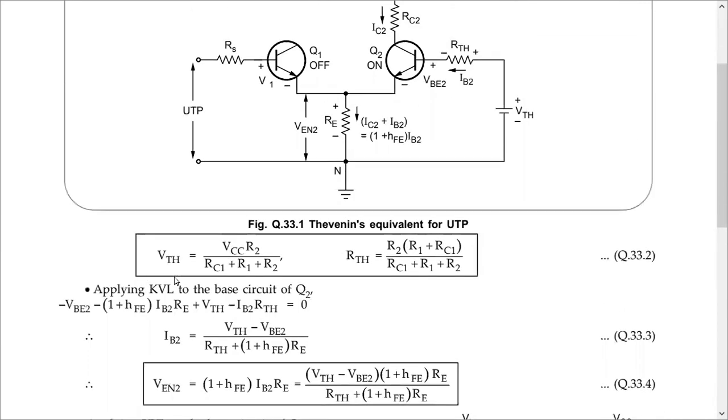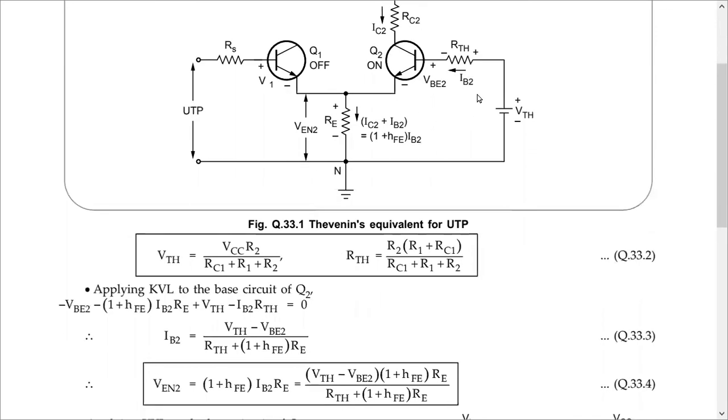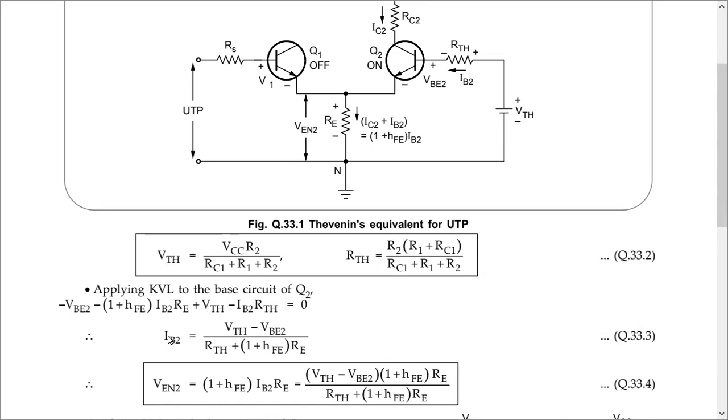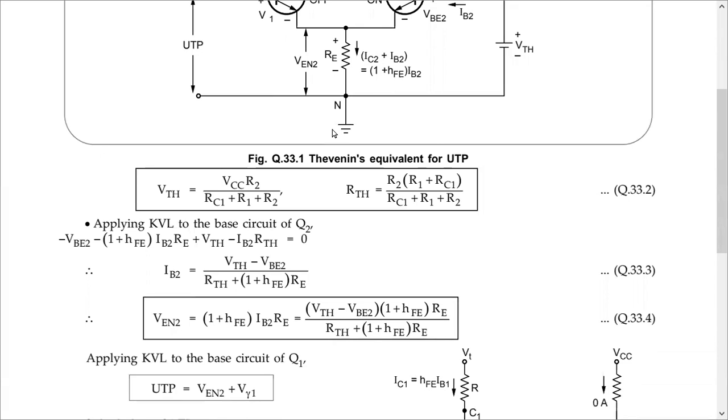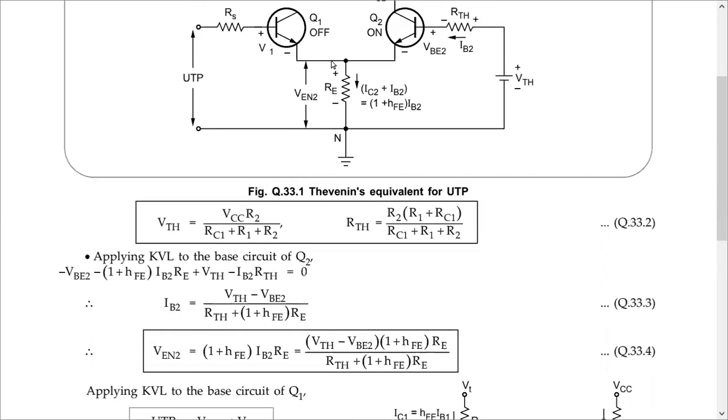What was the process we did? First, we applied Thevenin's theorem, and then after applying it, we simply wrote KVL here. Once we wrote KVL, we got IB2 from the KVL equation. VEN2 is nothing but (1 plus HFE) IB2 into RE. So that IB2 we are substituting here, and we got the voltage here.